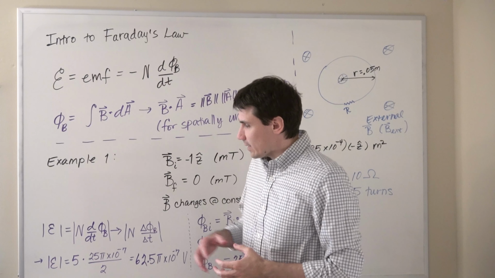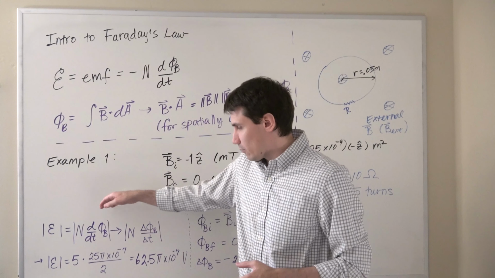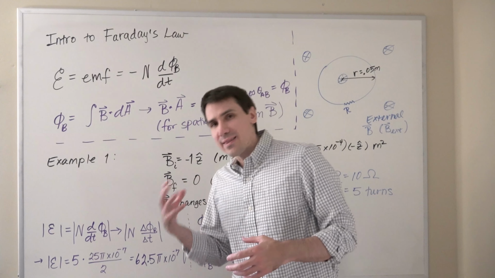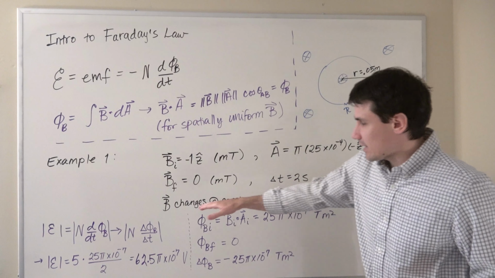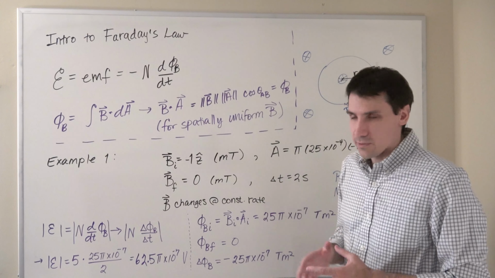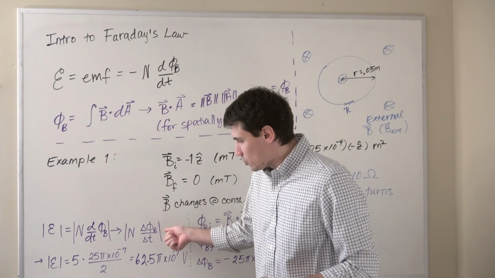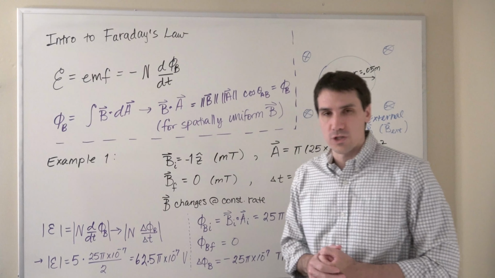So we can now take our number of loops and multiply it by the time derivative of our magnetic flux. But in this case, because our magnetic field changes at a constant rate from some known initial value to some known final value, we can actually replace our derivative with just the change in flux over the change in time.